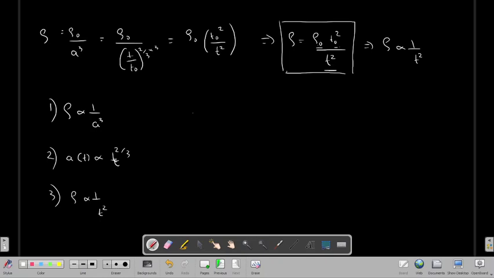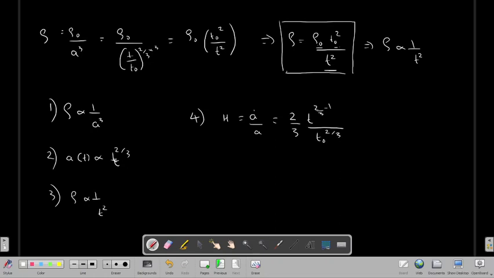You can also find the Hubble parameter, since you know that H is equal to a dot by a. So you know the value of a in terms of time. So you can write a dot as 2 by 3 into t to the power 2 by 3 minus 1, divided by t0 to the power 2 by 3.